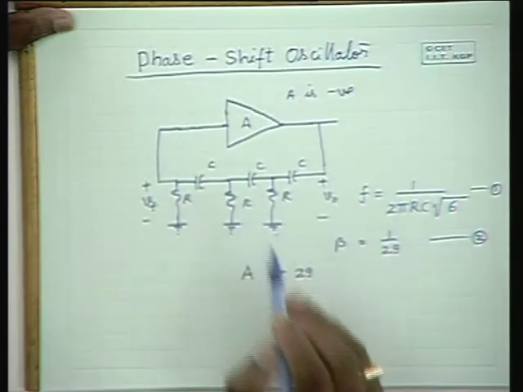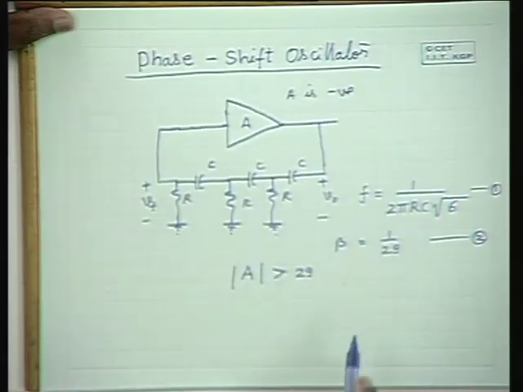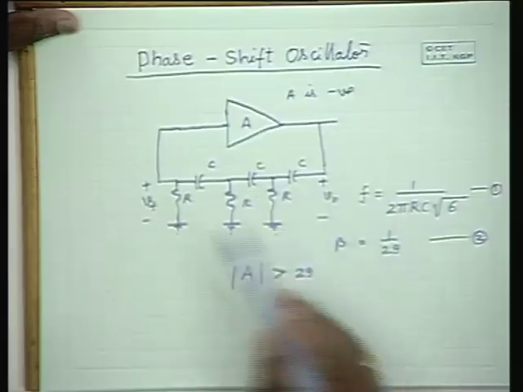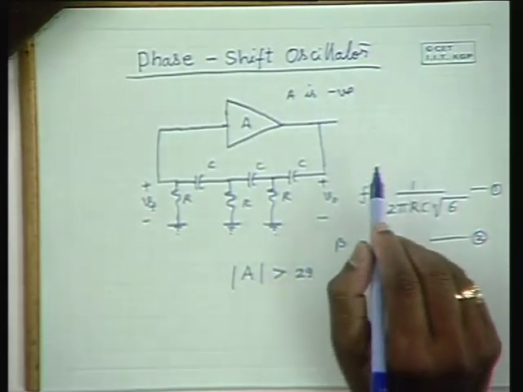Hence, you have to design an amplifier with gain slightly greater than 29. So, this can be an op-amp circuit and design this phase shift network, and it acts like an oscillator. So, it produces oscillations with constant amplitude at the output.